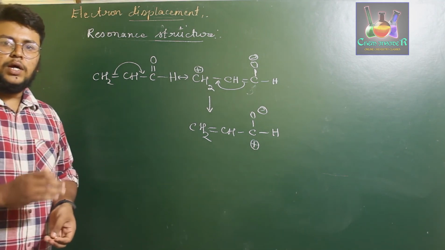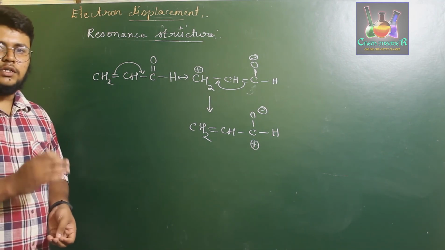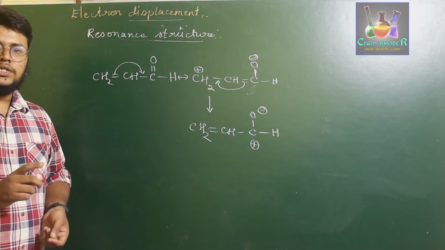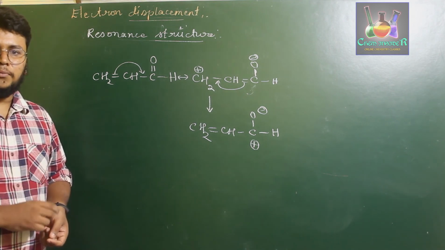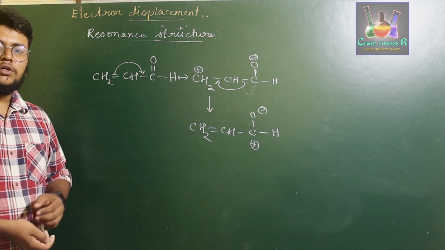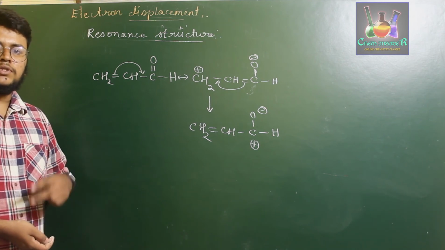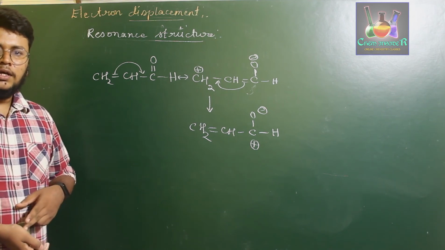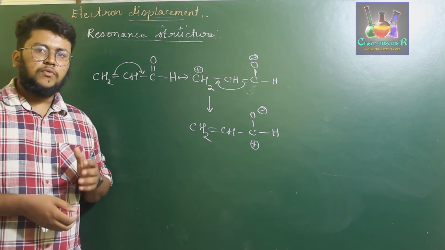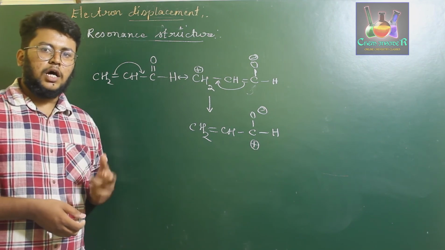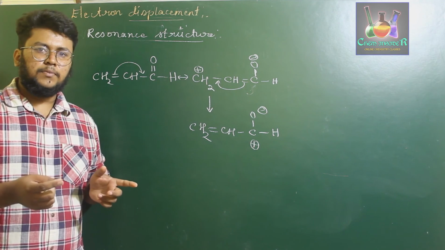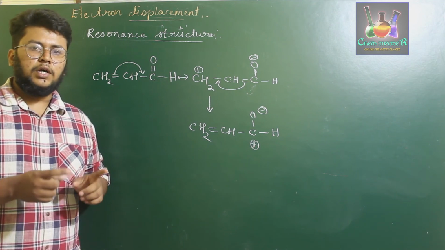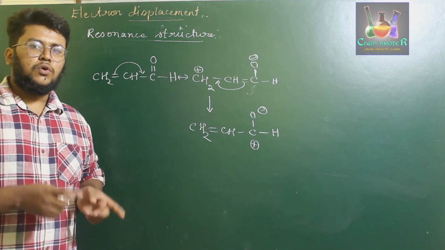Now the one which is more stable among these three structures is the one which has a higher number of covalent bonds. Or if you come across two structures which have the same number of covalent bonds, then consider the structure where ions are separated.